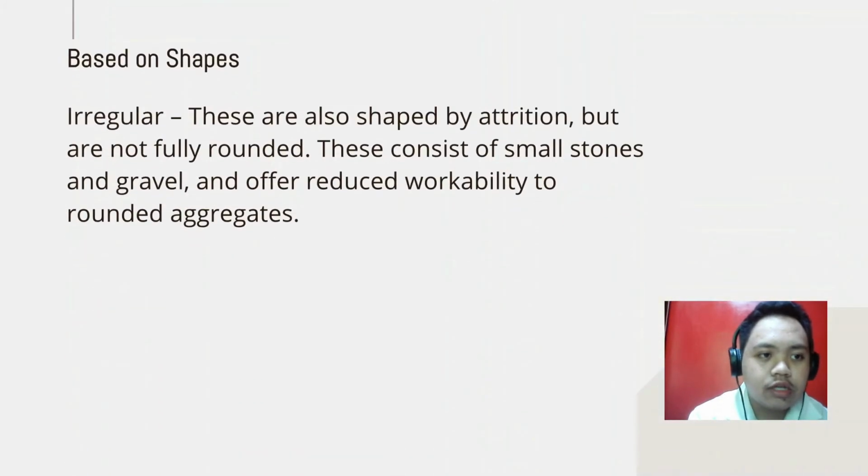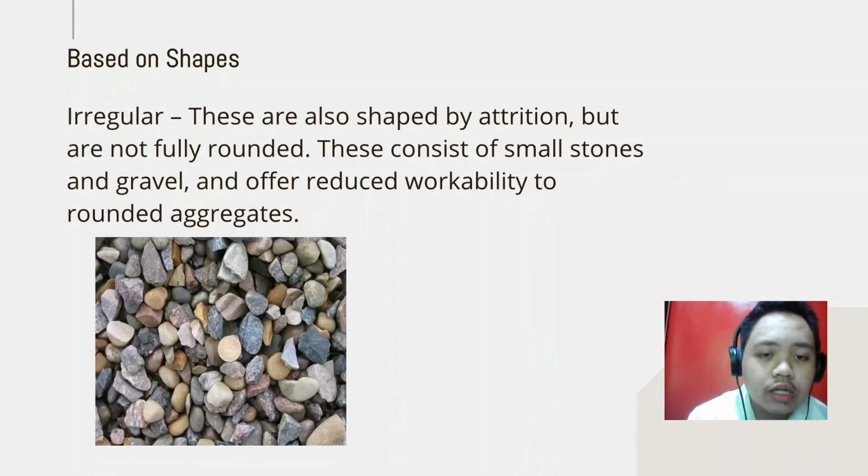So next is irregular. So irregular aggregates, these are also shaped by attrition but are not fully rounded. So this consists of small stones and gravel and offers reduced workability compared to rounded aggregates.